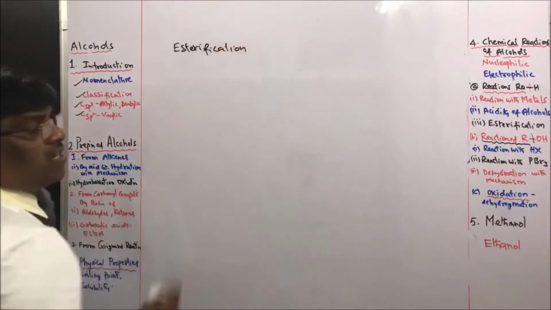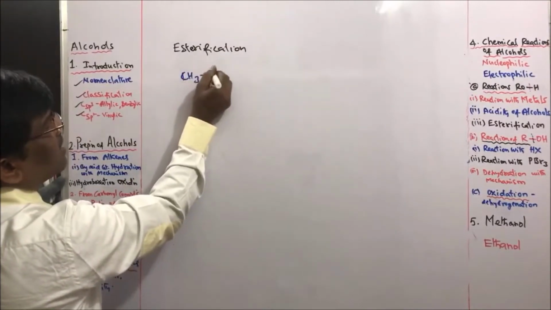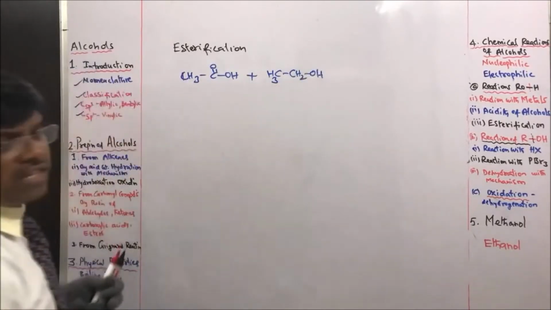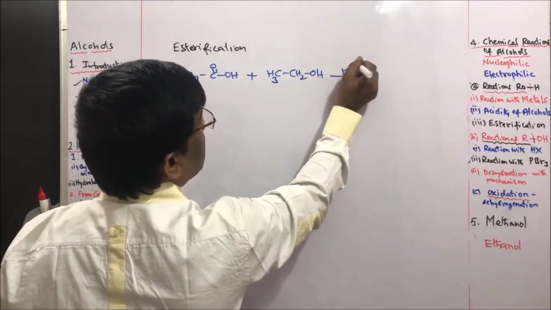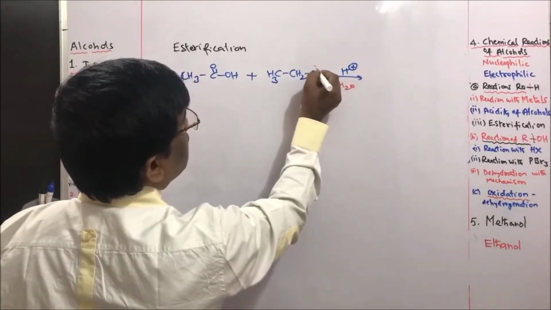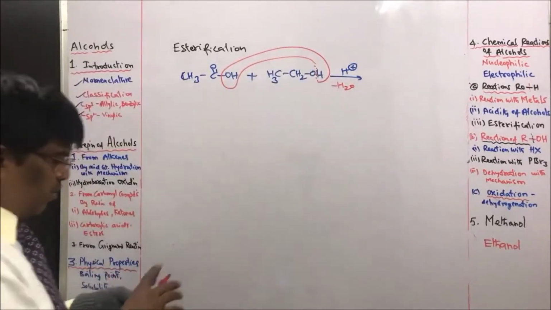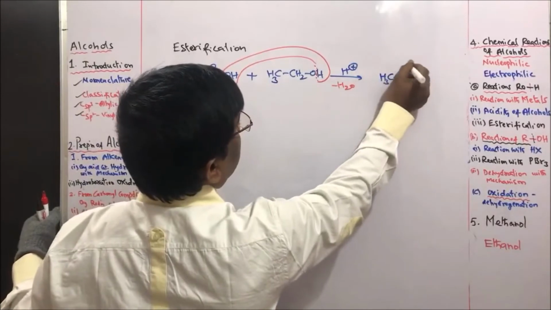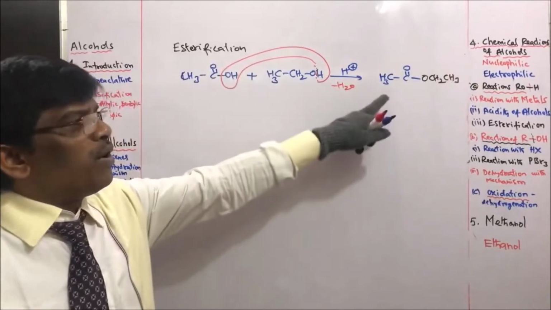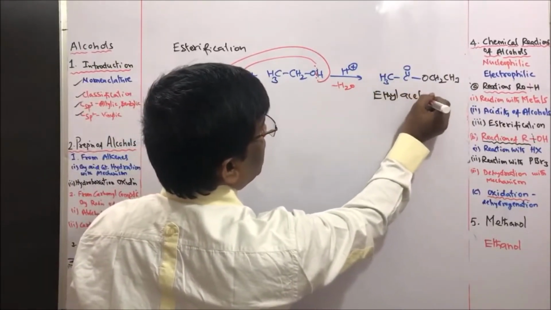Esterification of alcohols with carboxylic acids. For example, acetic acid CH3COOH plus ethanol CH3CH2OH. In presence of an acid catalyst, it is going to lose water. This bond is going to break, and here the hydroxy group leaves, minus water, to give CH3COOCH2CH3. What is this compound? This is ethyl acetate, a common organic solvent we use in the laboratory.